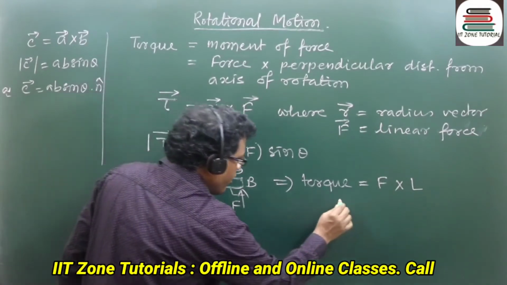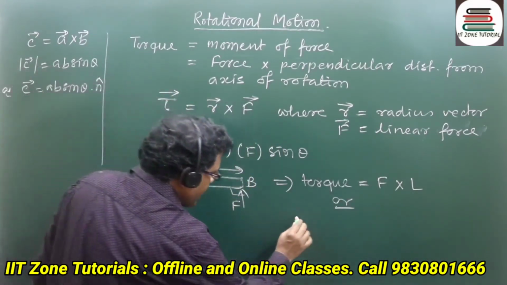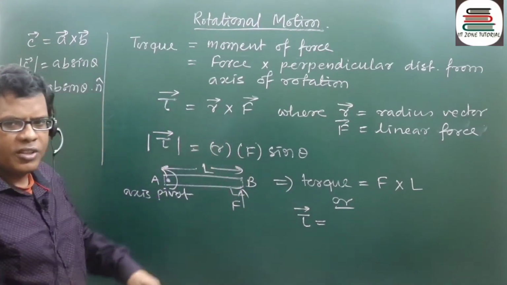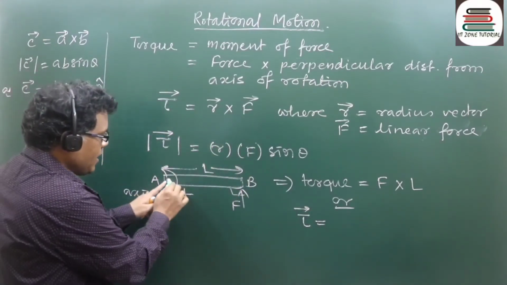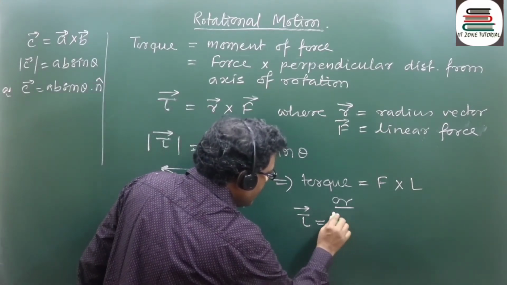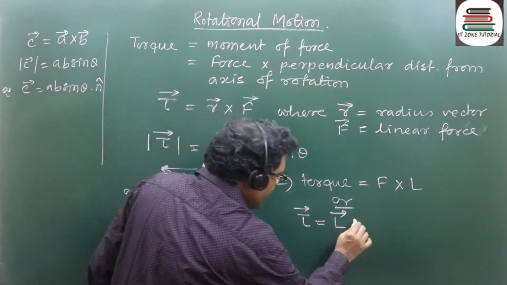Or if I want to express it vectorially, torque is r cross F, where the length of the rod is the radius vector.